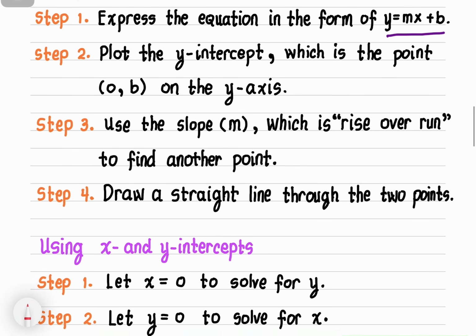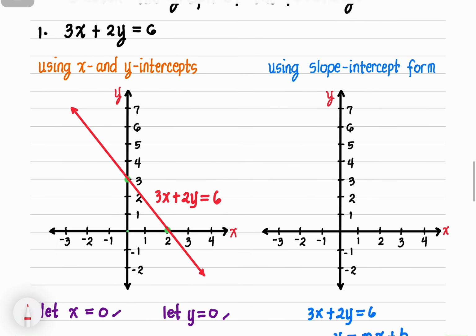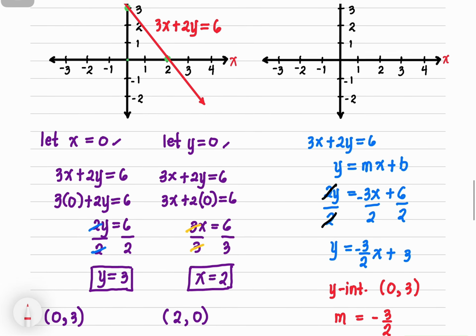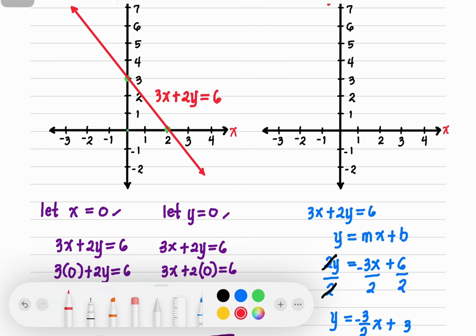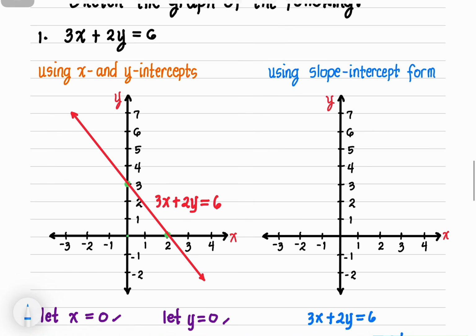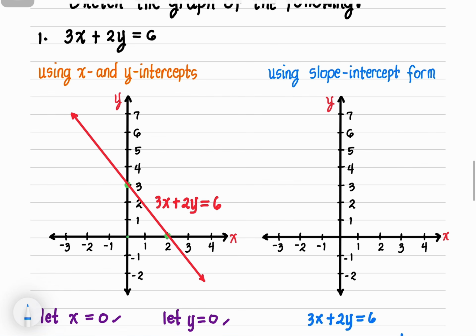Ayan, plot the y-intercept. So, na-determine na natin si y-intercept which is 0, 3. So, y-intercept ay nandoon sa positive y-axis, 0, 3. Ito siya. Okay?